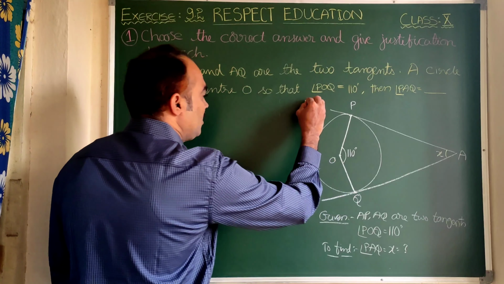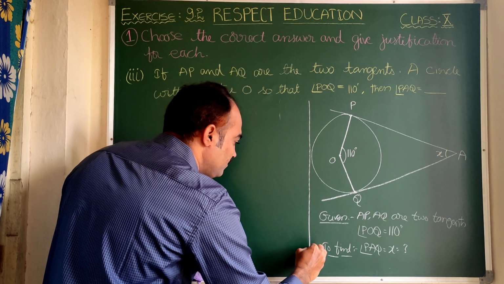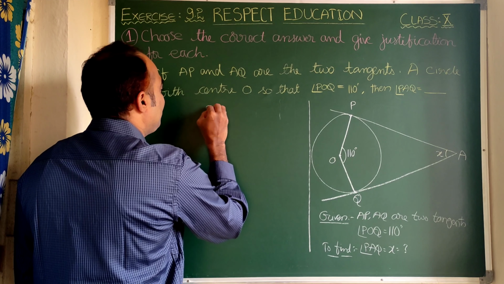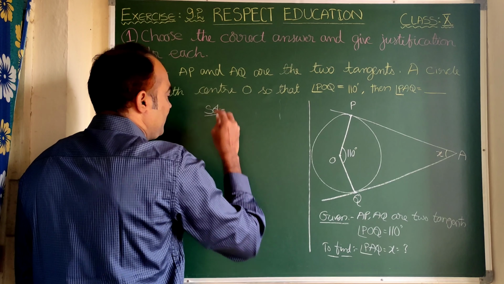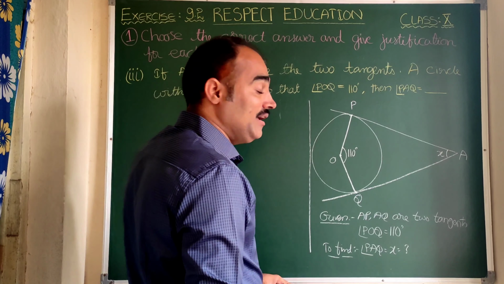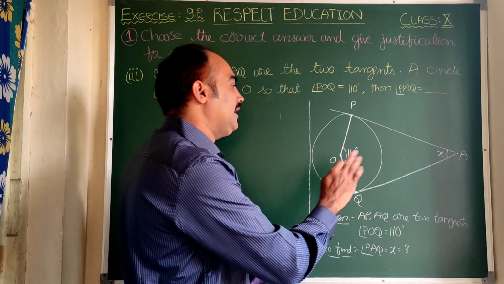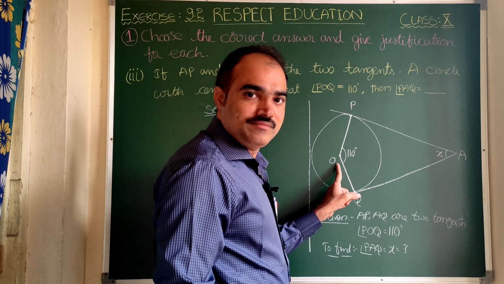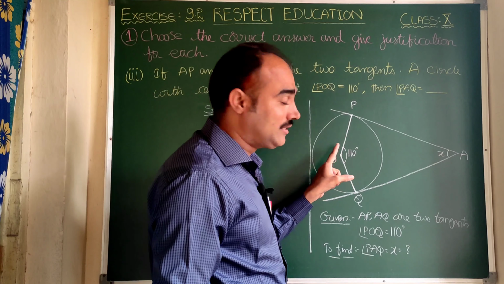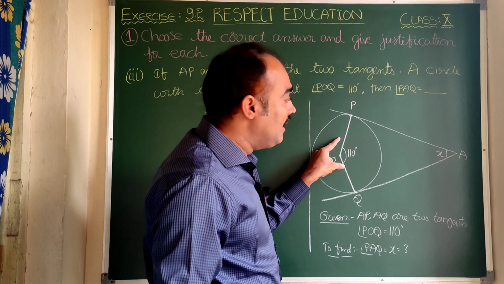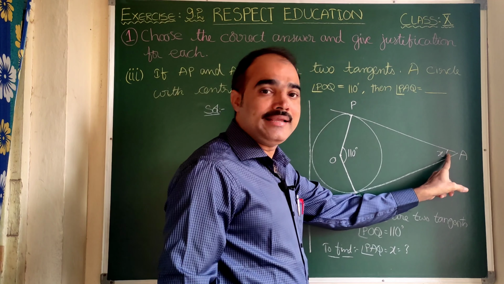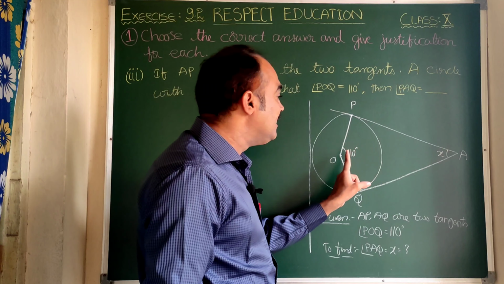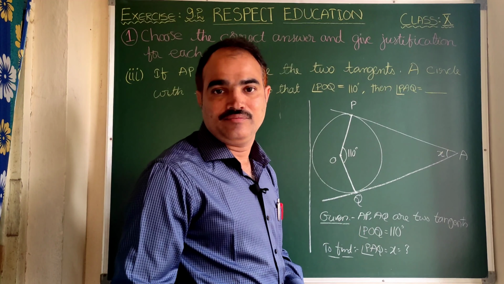So let us start solving this problem here. If you observe carefully, in fact it can be done directly, that the angle at the center and the angle made by the tangents at the external point, these two angles are supplementary.